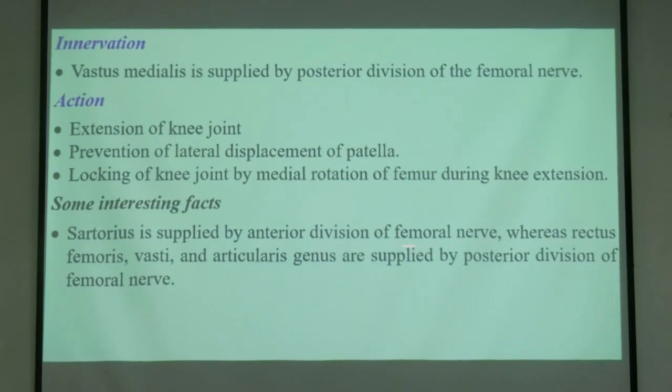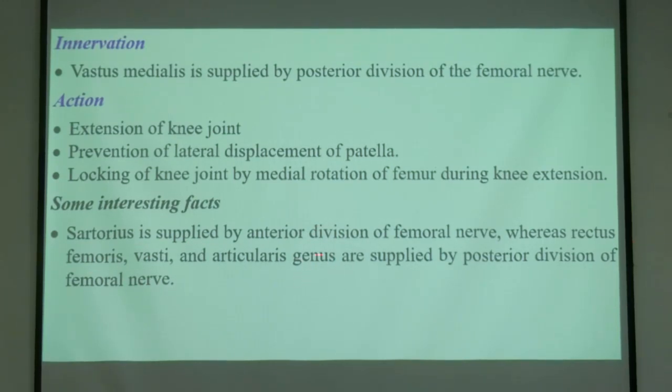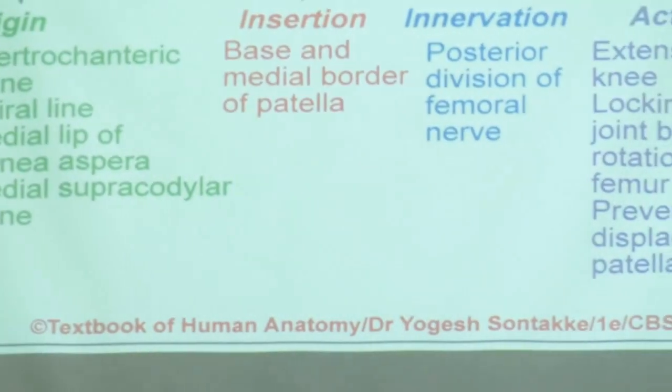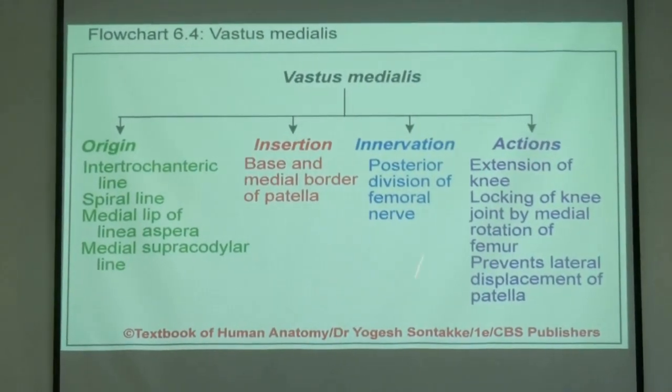Sartorius is supplied by anterior division of femoral nerve, whereas the three vasti and rectus femoris, articularis genu, all these are supplied by posterior division of the femoral nerve. Okay. You have learned during femoral nerve discussion from femoral triangle. So this is vastus medialis, origin, insertion, innervation and the action.